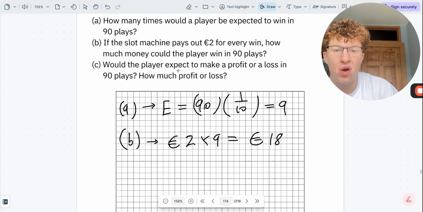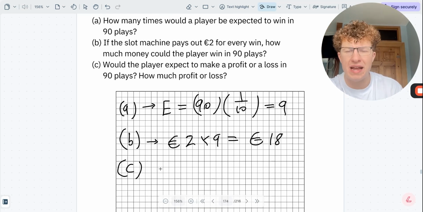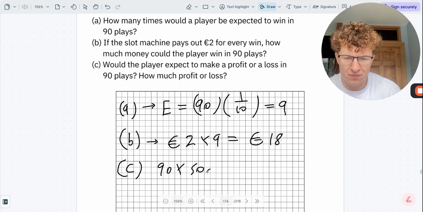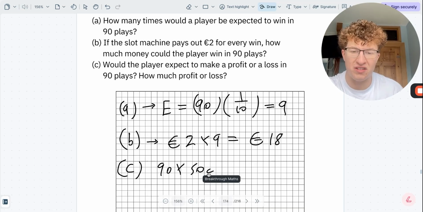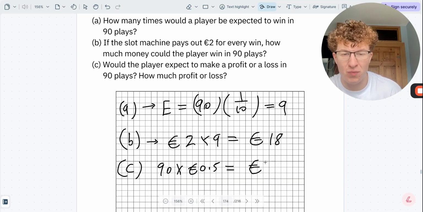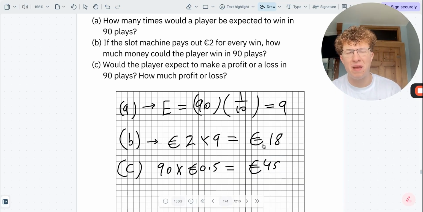And then part C is asking, would they make a profit? Well, if they're playing 90 times, and each time they play it costs them 50 cents, or €0.5, that would equal €45. So they spent €45 on the game, but they would expect to win back €18.